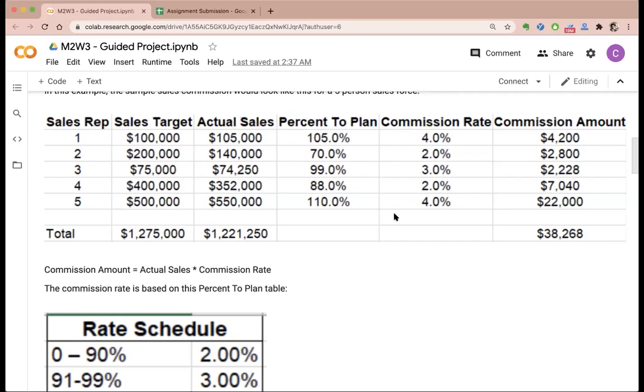So the commission rate is fixed, but you will probably take different percentages to plan, right? So you can set these randomly, and then just calculate the commission amount. So set these randomly, okay?